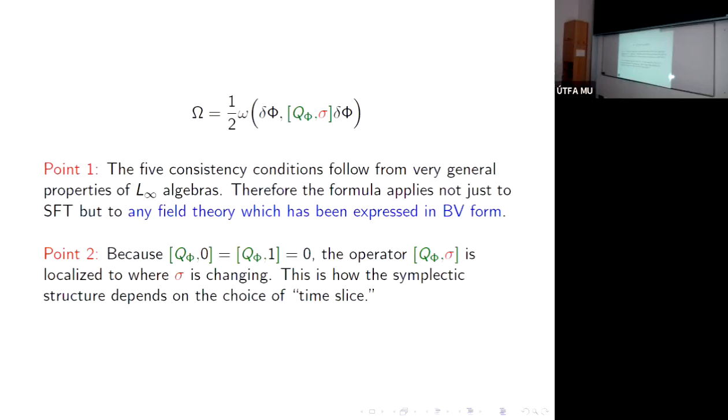The second point is that both 0 and 1 commute with the operator Q phi. For that reason, this commutator is localized to regions in time where the sigmoid is changing. This localization of the symplectic structure is how the time slice is realized.